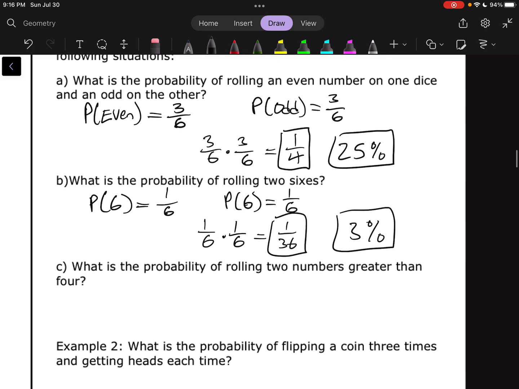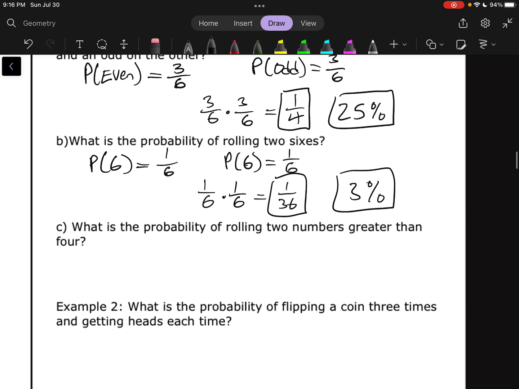C here says, what's the probability of rolling 2 numbers greater than 4? Okay, so just one number greater than 4. How many numbers are there on a dice that are greater than 4? There's only the 5 and the 6, so only 2 out of 6 sides are greater than 4. Now, for that second number that's greater than 4, obviously that would be the same.